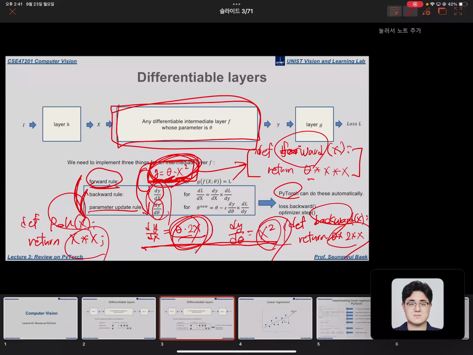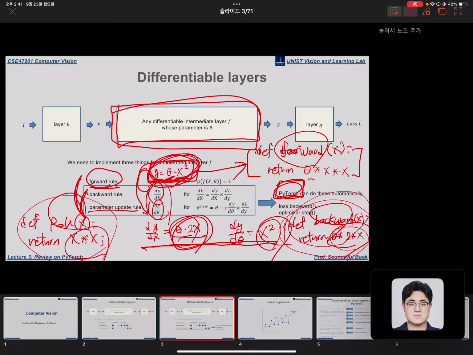But this is not easy because deep networks have many layers, and we cannot easily calculate and implement all the methods by ourselves because there are too many layers, okay? So PyTorch is actually helping us to implement these huge deep networks, okay?